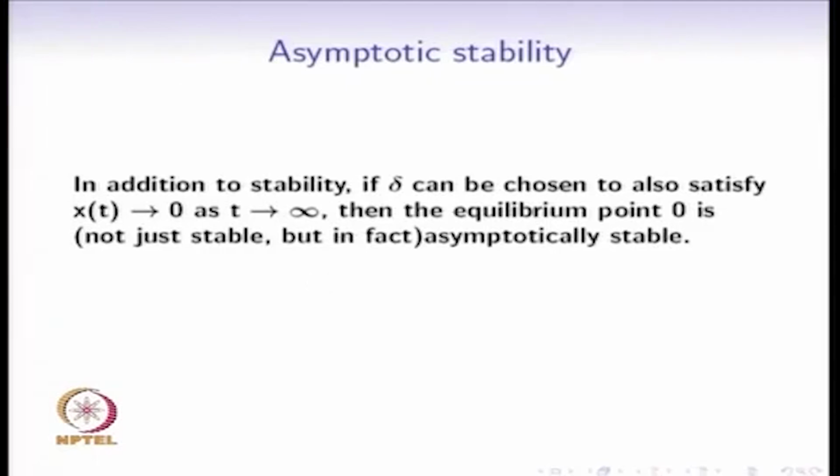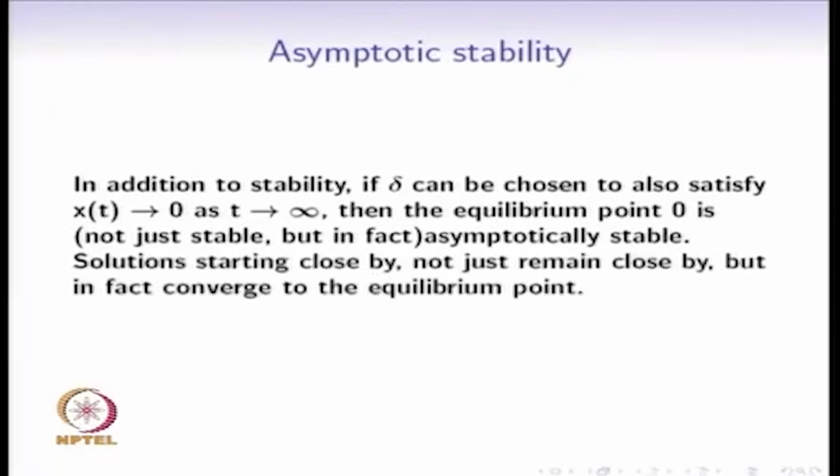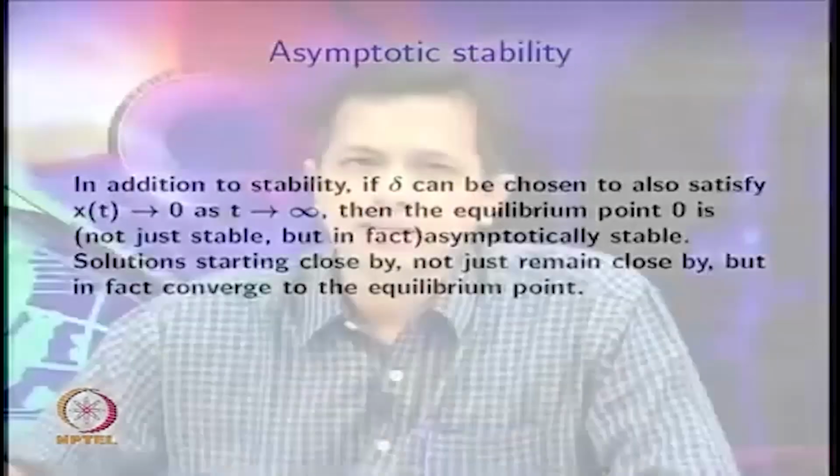For every initial condition inside the delta ball, we also have x of t goes to 0 as t tends to infinity. Solutions starting close by not just remain close by. Remain close by is what x of t contained inside the epsilon ball meant. So, they not just remain close by, but in fact converge to the equilibrium point. We had assumed that 0 is the equilibrium point. So, the solution should also converge to the equilibrium point for every initial condition starting inside the delta ball.